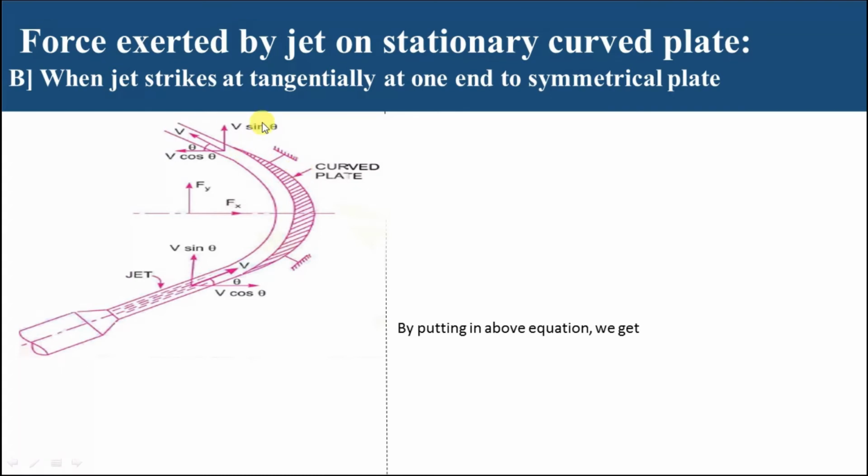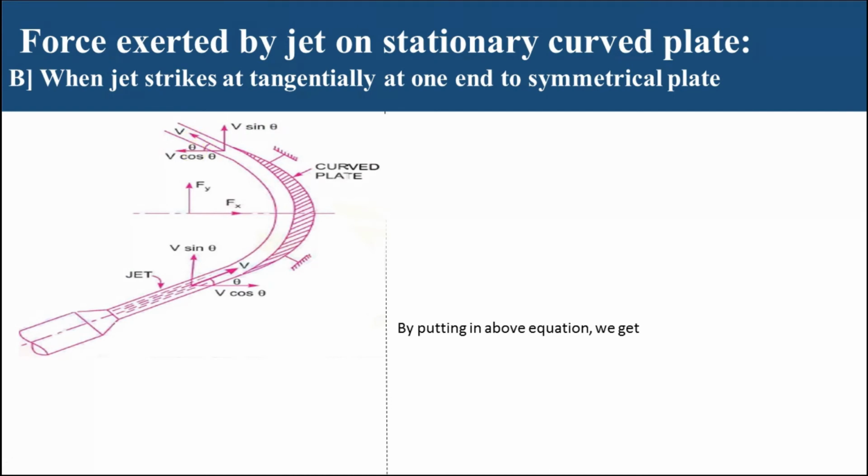Again it is a case of a symmetrical plate, so if you draw the tangent from the inlet tip, it will make an angle theta with the horizontal. Similarly, at the outlet tip it is also leaving tangentially, making an angle theta.